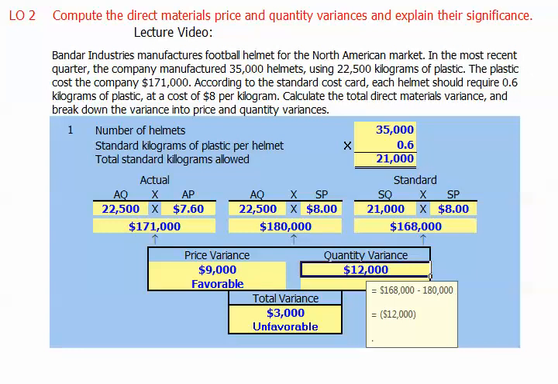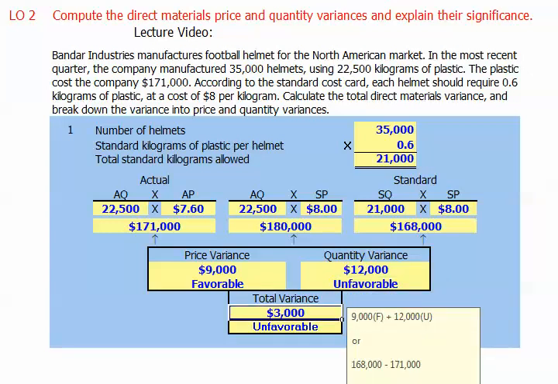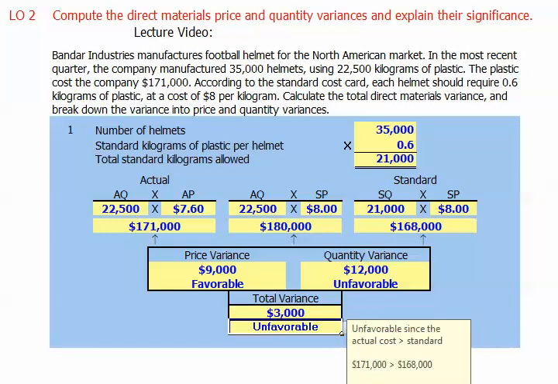In this case, though, we know the variance is unfavorable because we actually used 22,500 kilograms, which was greater than what we should have used, our standard quantity of 21,000. If we combine our $9,000 favorable price variance with our $12,000 unfavorable quantity variance, we get our $3,000 unfavorable total variance.